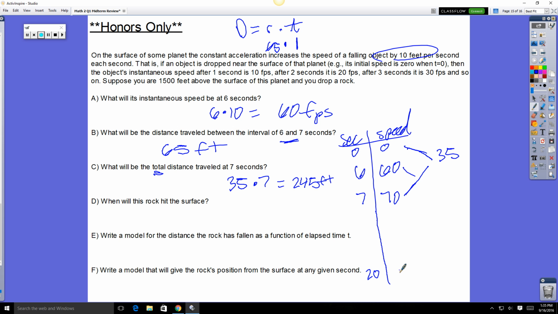At 20 seconds, its speed will be 200. So if I want the total distance from 0 to 20, I'm going to go from 0 to 200. That is an average speed of 100. So distance equals rate times time.